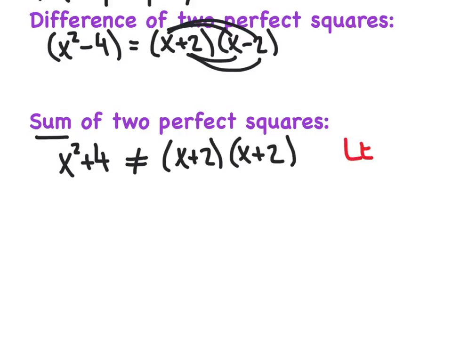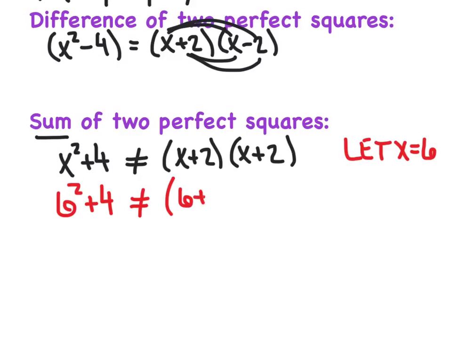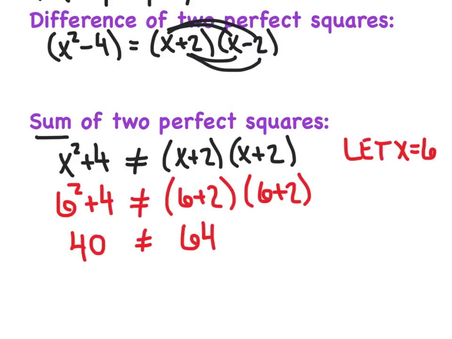Let's let x equal 6. So we've got 6 squared plus 4, and we're saying that doesn't equal 6 plus 2 times the quantity 6 plus 2. 36 plus 4 is 40, and that doesn't equal 8 times 8, which is 64. So just know this: it's impossible to factor the sum of two perfect squares.